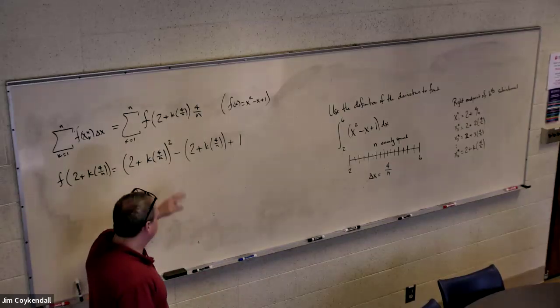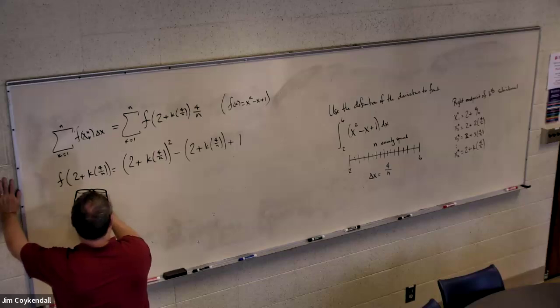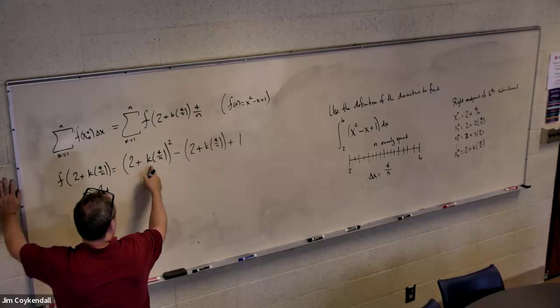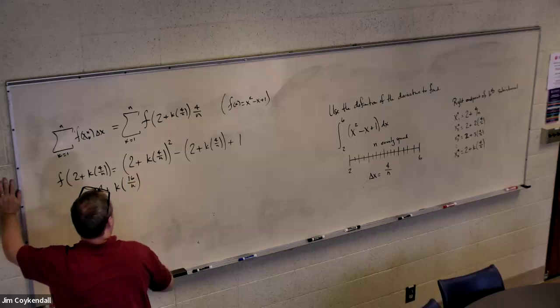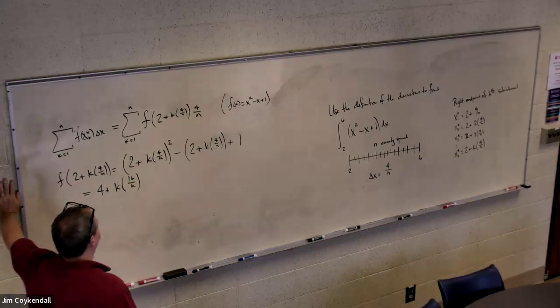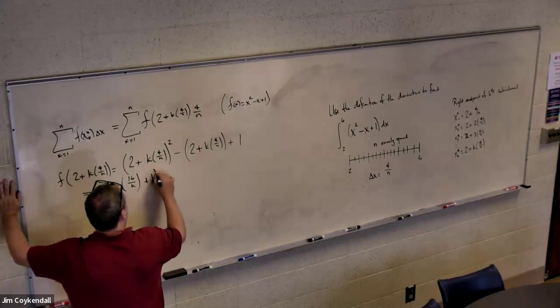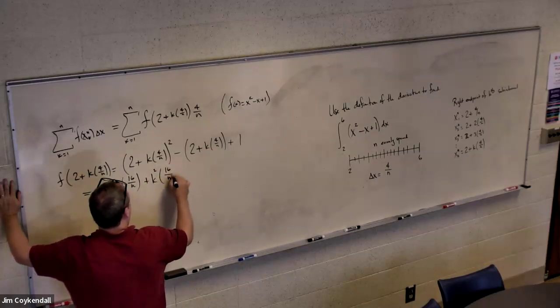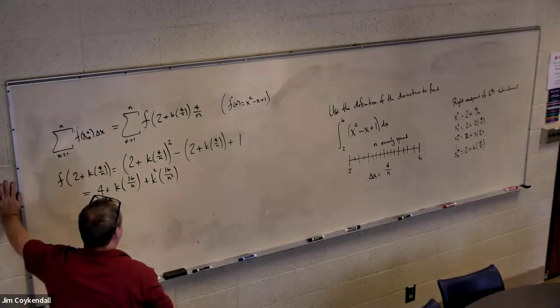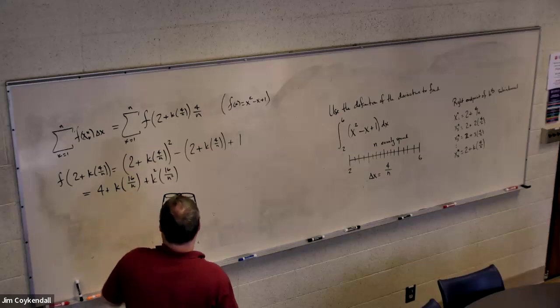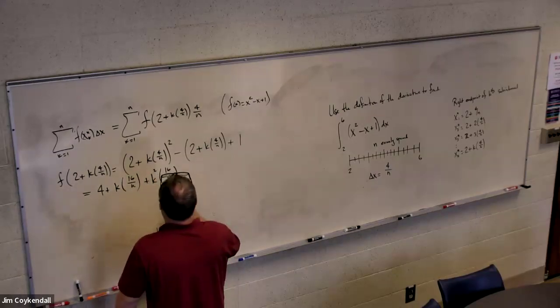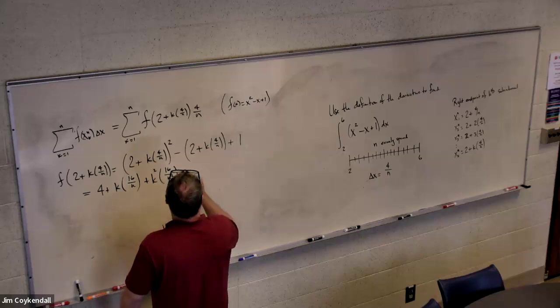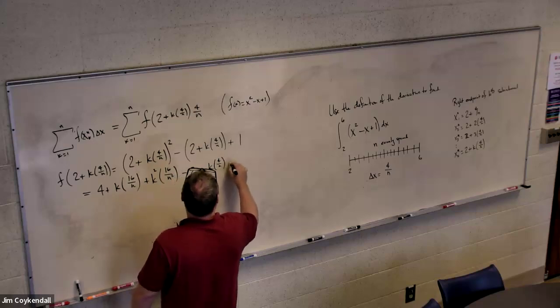So let's see what this math looks like. This is going to be 4, 2 times the product of 2 is going to be k times 16, plus k squared, 16 squared, minus 2 minus k times 4 over n, plus.